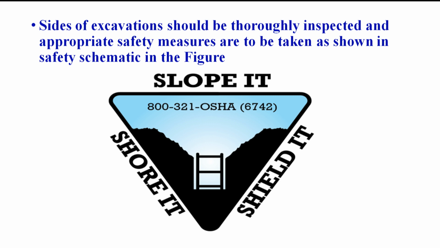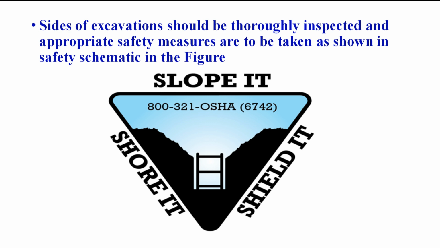Then one very important rule is that when we are doing the excavation, we must take care of three things. One is slope. As I told you, different soils stay stable at different natural angles.